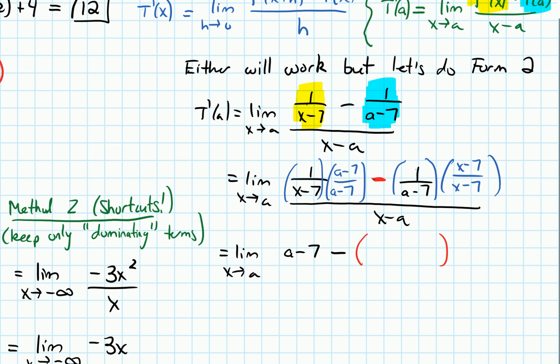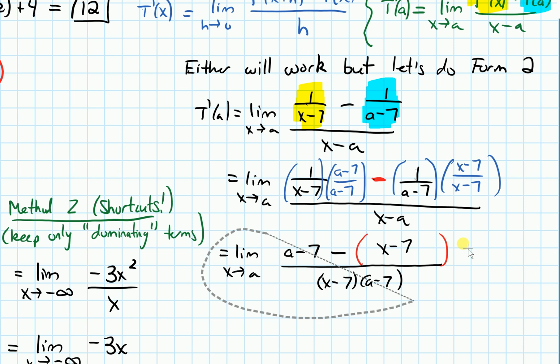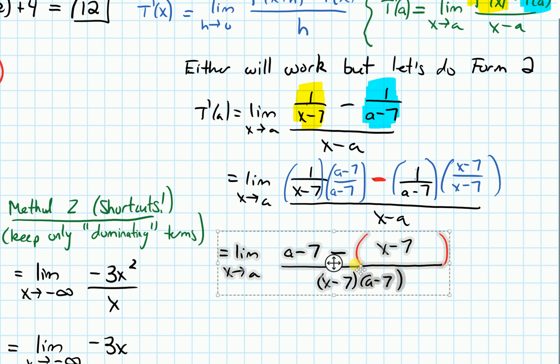Okay, so 1 times x minus 7 is x minus 7. And then I have x minus 7 times a minus 7 in the denominator. I'm going to give myself a little bit of extra room here, so let's scooch this down.